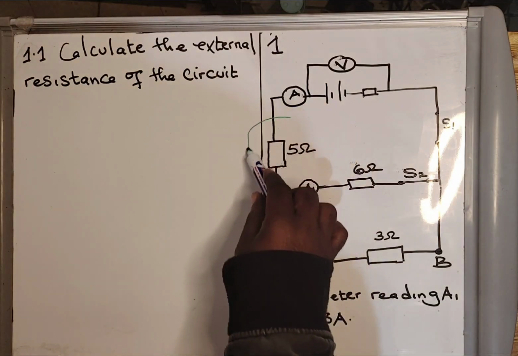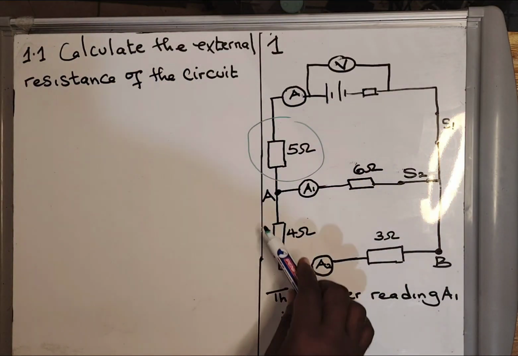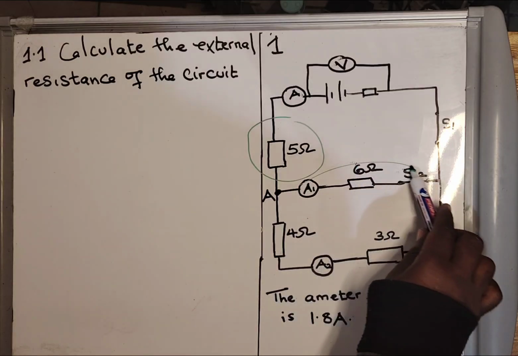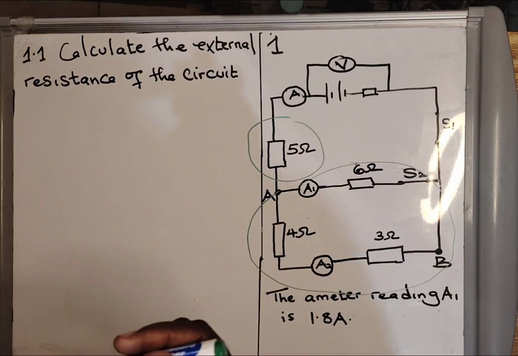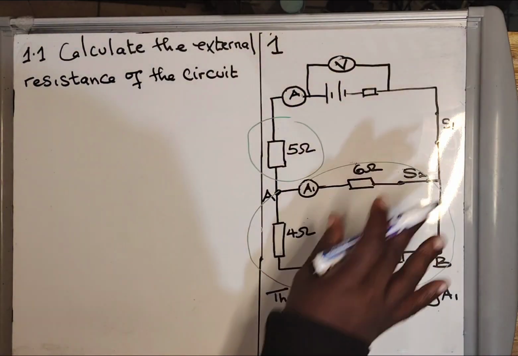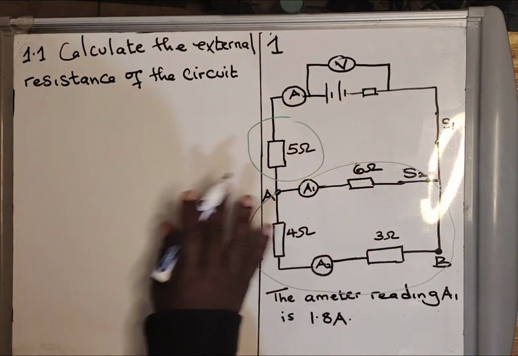We have this resistor here, that's the first cluster, and then we have another pair of resistors here which make the second cluster. So those are the two types of clusters of resistors here. Those are the resistors which make up the external circuit.